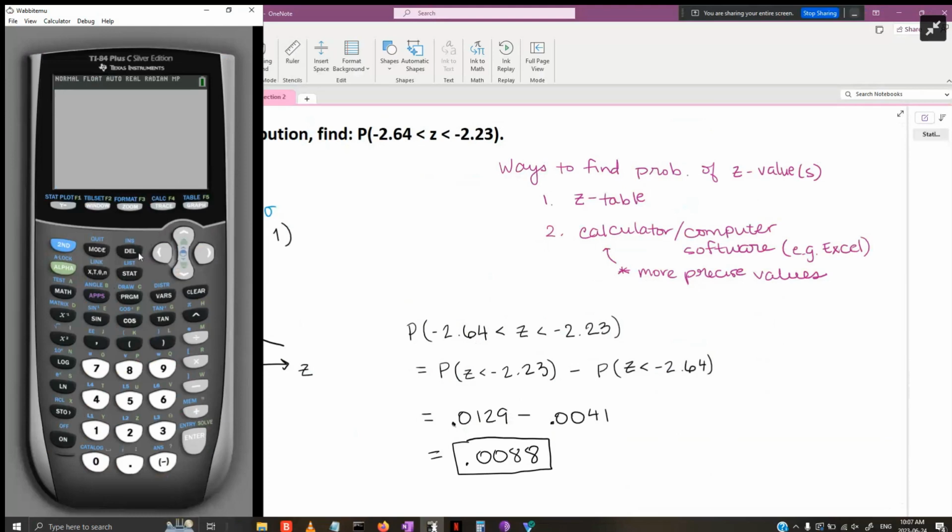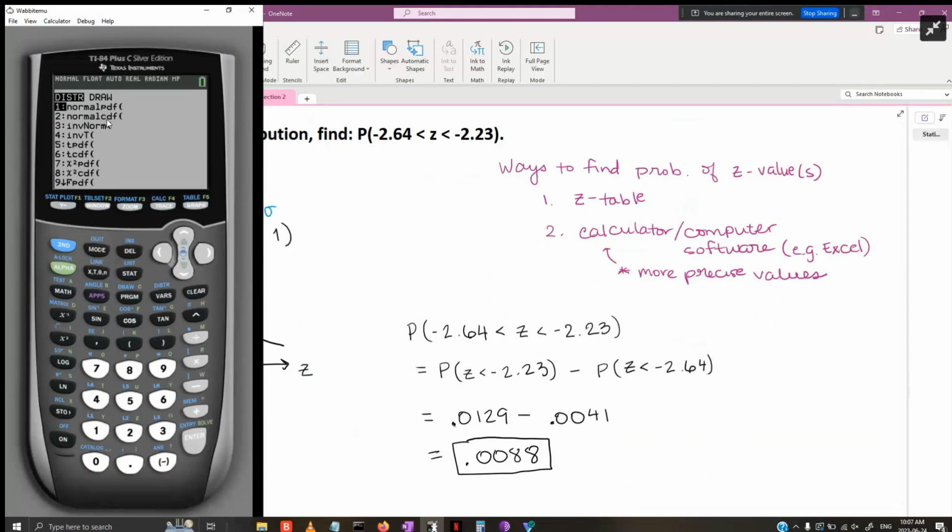Anytime you're dealing with area probability, you're going to go to this menu right here, DISTR, distribution. So we click second and then vars. There's only two here that you choose from, but we're going to stick to that first menu that we're already in. We're going to go to normal CDF because these questions deal with area up to or through a set of values.